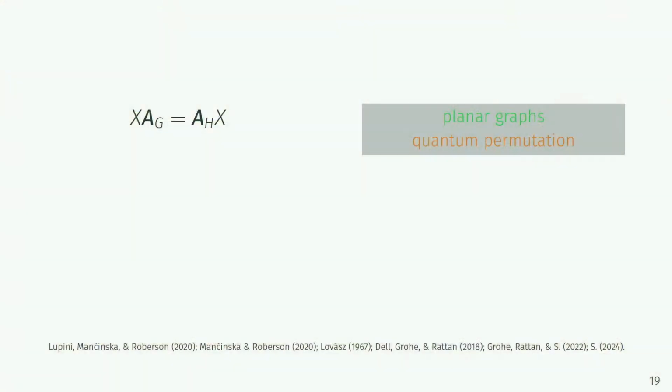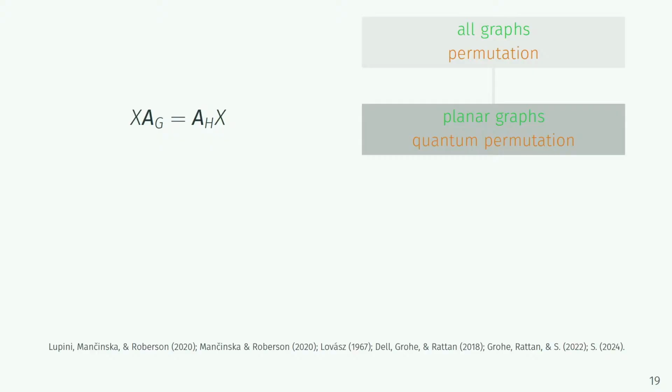The beauty behind all of this is that this system is really everywhere in this world of homomorphism indistinguishability. We have seen that this system is feasible for a quantum permutation matrix if and only if two graphs are homomorphism indistinguishable over all planar graphs. On one of the first slides, I showed you that two graphs are homomorphism indistinguishable over all graphs if and only if there exists a permutation matrix solving this system.